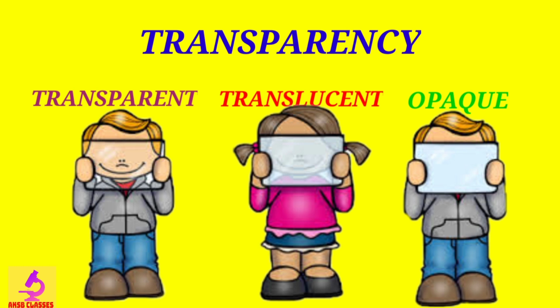A unit of a wall is a brick. So on the other side of a wall, if we put any object, we cannot say what object is there. It means light cannot pass. On the basis of transmission of light, we can say whether an object is transparent, translucent, or opaque.